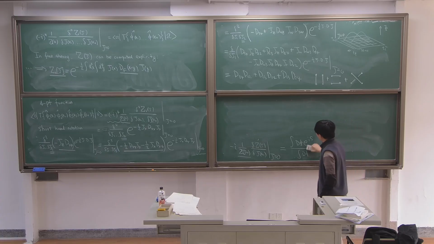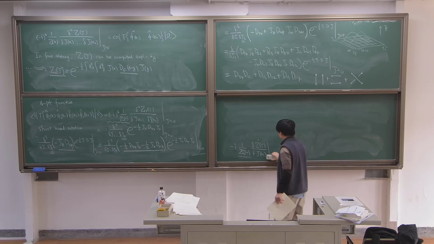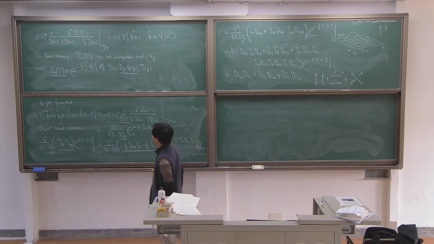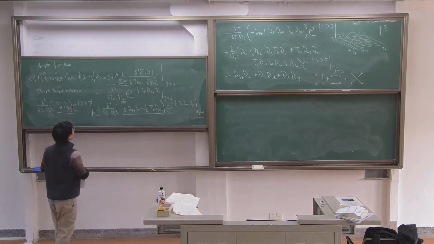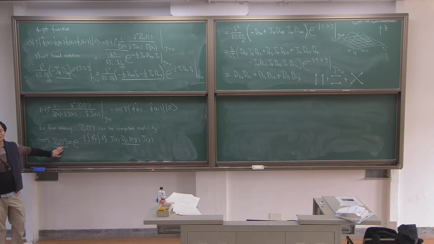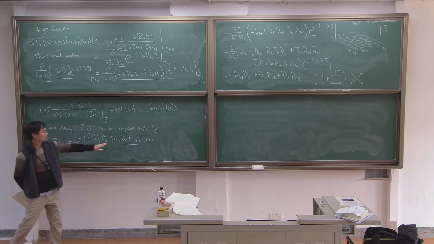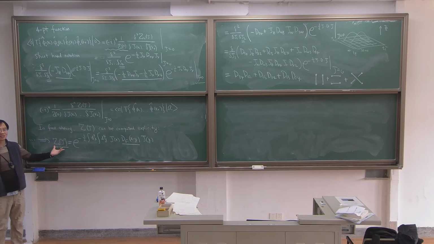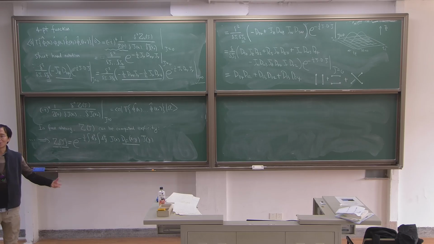As you can see, to calculate in free theory, this Z0J is enough, right? This generating function is enough, because this is the compact generating function for free theory. It's quadratic in terms of J. But the point is, if you have this in your hand, you can generate all the free higher-point correlation functions.